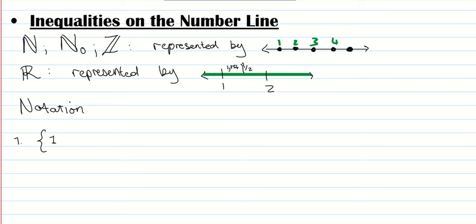So the first one will be curved bracket, and then what kind of sign is this? Who can tell me? That is less than or equal to x. And the sign is less than 6.